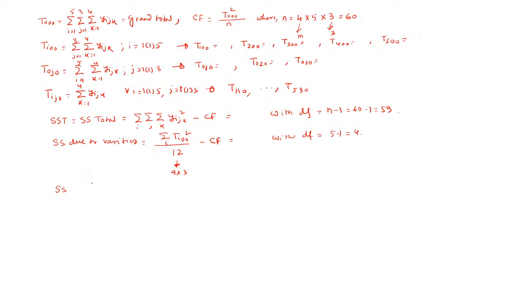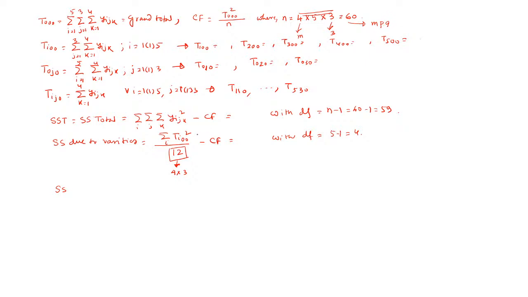You should remember this thing, the divisor. When you divide by 12, you just write the label. Suppose there are m observations per cell, p levels, with p for 5 and q for 3. That means p is the number of levels for varieties, q is the number of levels of spacing.